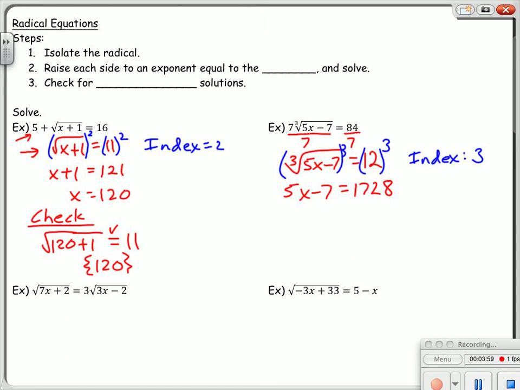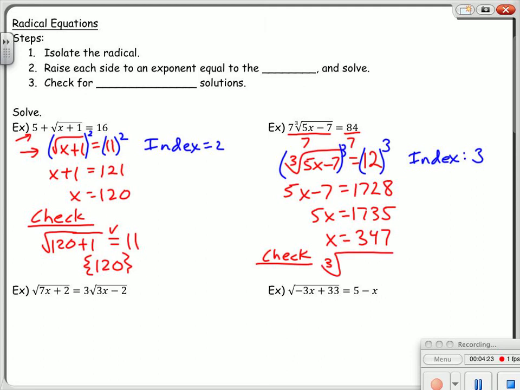We add 7. 5x equals 1735. And divide both sides by 5, x equals 347. Don't forget to check. Sometimes your problem will have no solution, or not all derived values will be part of the solution.